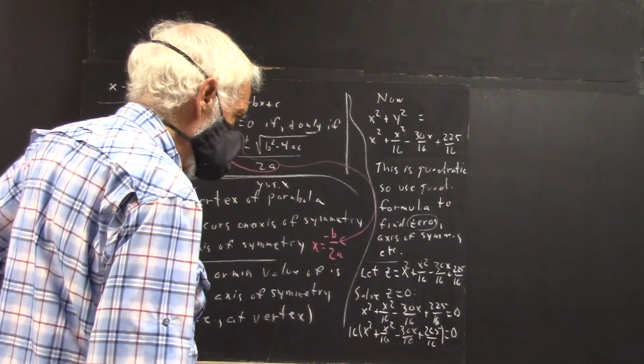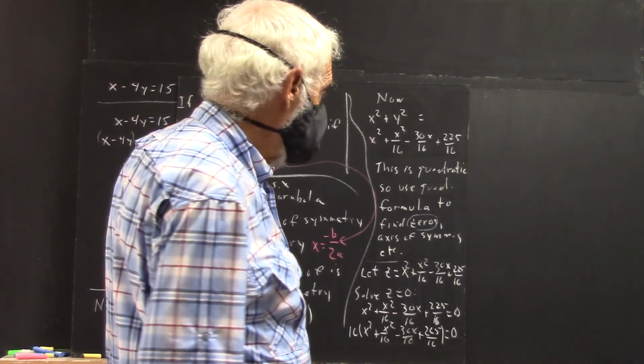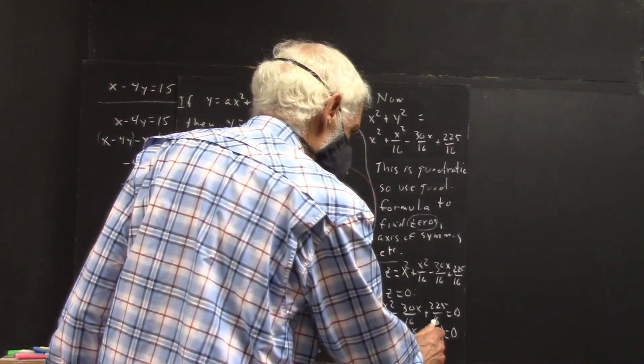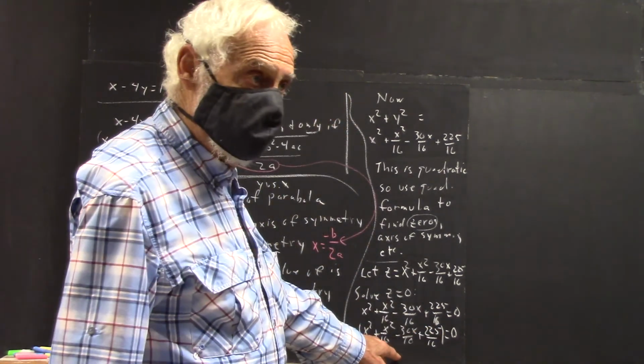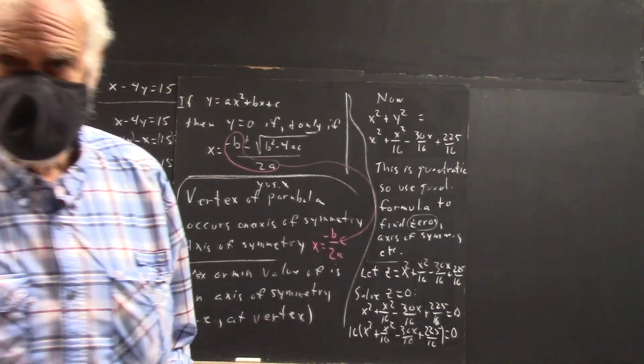Well, I was hoping to have room to write it out down here. If we multiply all this by 16, what are we going to get? Okay, can you read this okay? Can you multiply all this by 16? Okay, do that real quick.